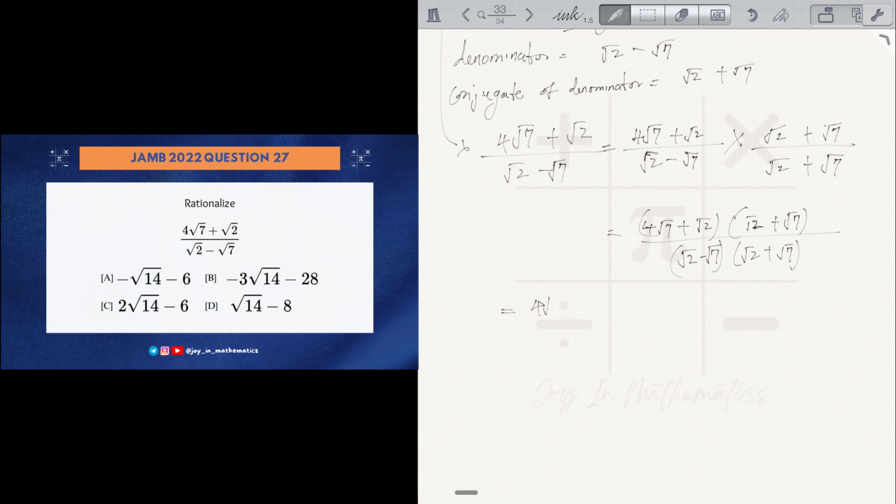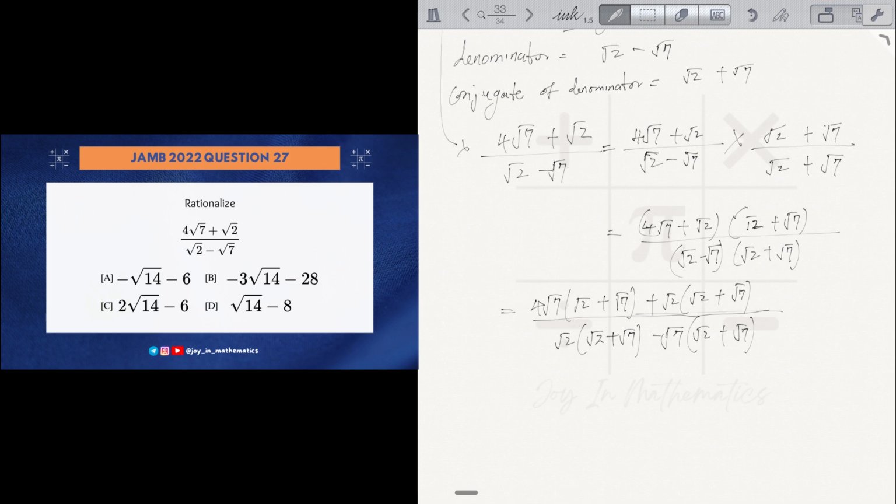So we have 4 root 7 multiplying root 2 plus root 7, and then root 2 also multiplying root 2 plus root 7. Likewise for the denominator, root 2 multiplies root 2 plus root 7, and minus root 7 multiplies root 2 plus root 7.